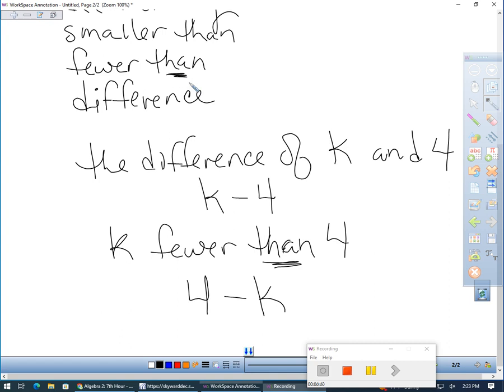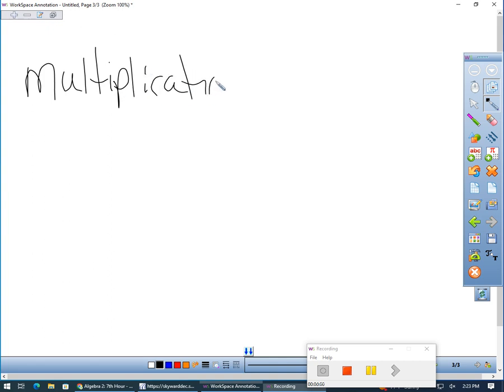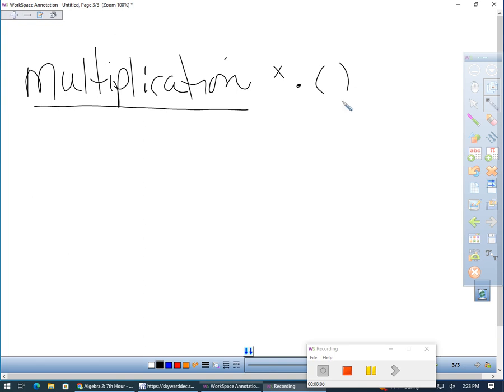All right, so if we talked about adding and subtracting, we've got to talk about multiplying. Now, before we talk about the words that mean multiplication, give me some of the symbols that mean multiplication.